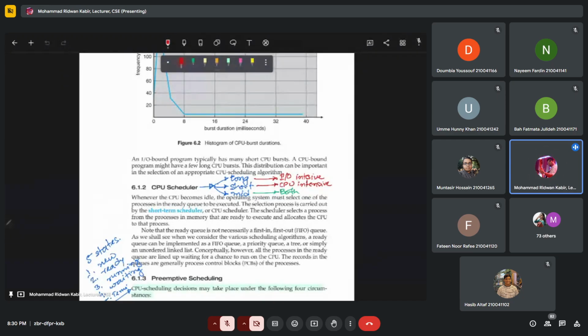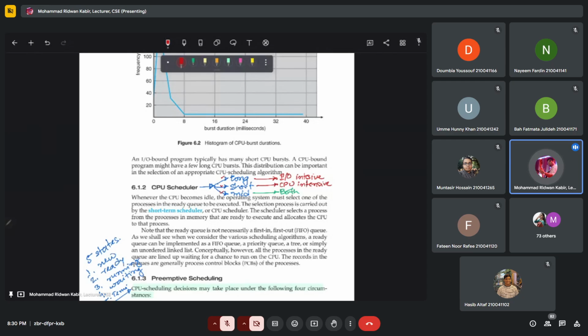But before that, we need to recap that the CPU scheduler, as we know, can have 3 categories. The first one is the long-term scheduler, the second one is the short-term scheduler, and finally the mid-term scheduler. So what is the purpose of the long-term scheduler? It basically involves batch processing or IO intensive tasks mostly.